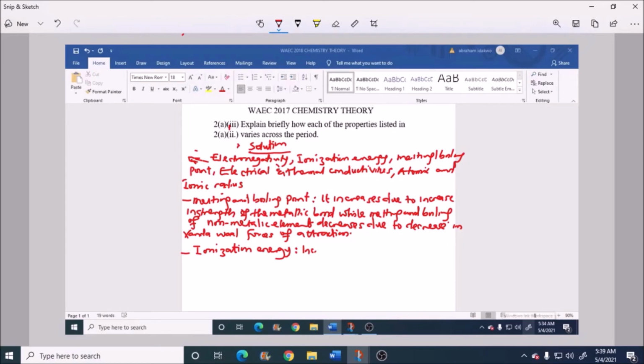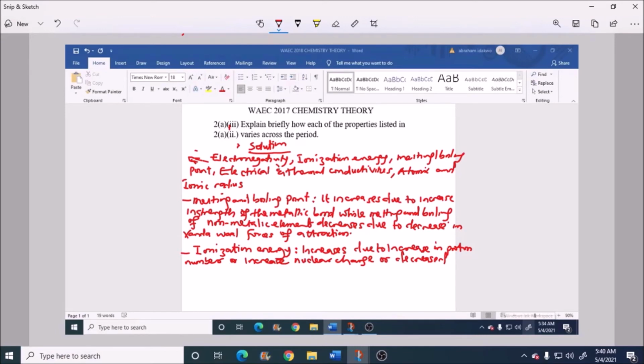Ionization energy increases due to increase in proton number, or increase in nuclear charge, or decreased atomic radius.